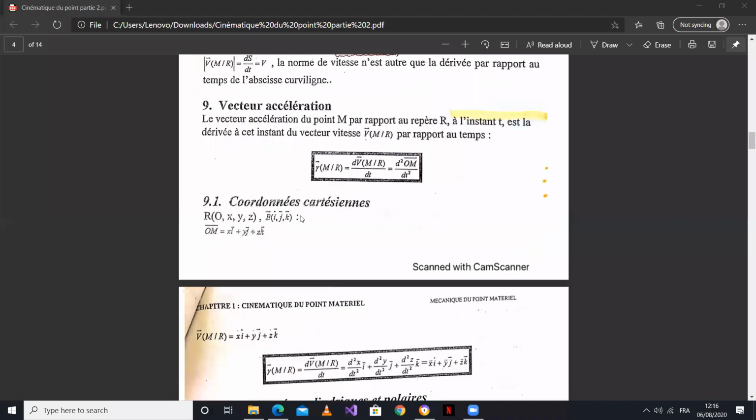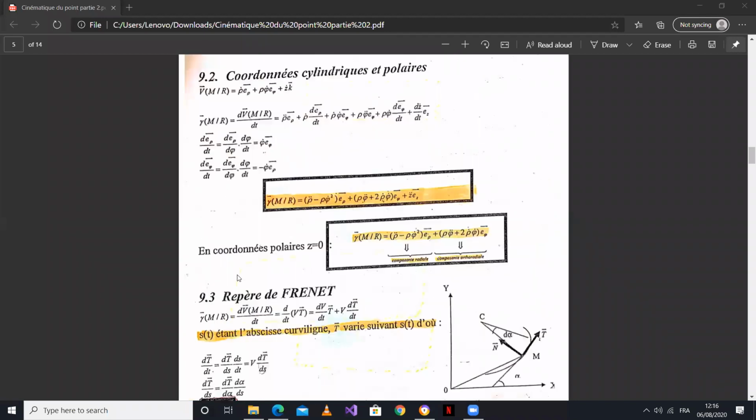Since we know that the velocity vector of the point M in the frame R, in the Frenet frame, is equal to ds/dt suivant T, that ds/dt can be written as v in short, because we have seen that it's the magnitude of the velocity vector.